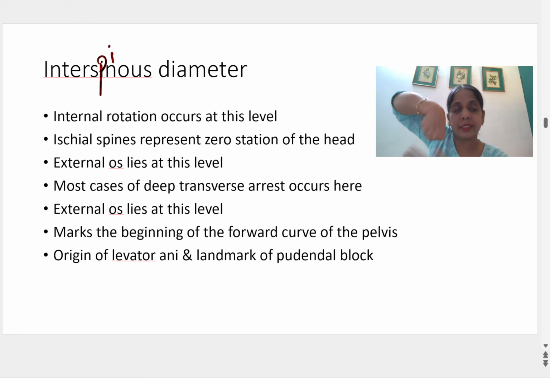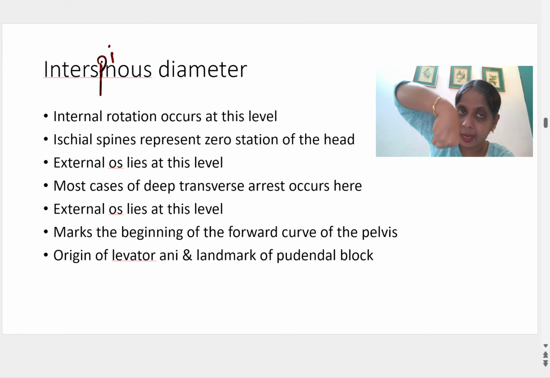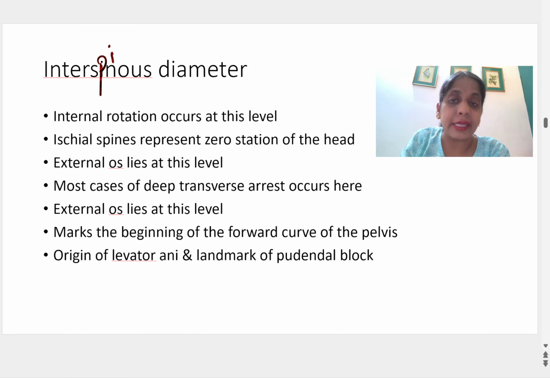The head gets flexed, then goes down in descent, and then there is internal rotation like this. If this is the anterior-posterior head, then it rotates, internal rotation. So internal rotation occurs at the level of the interspinous diameter.